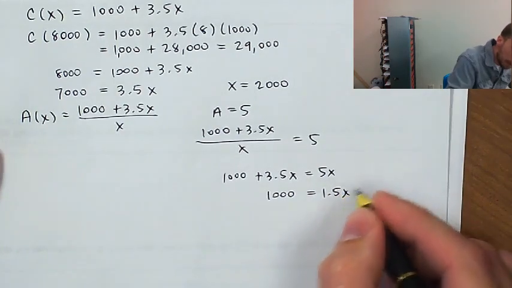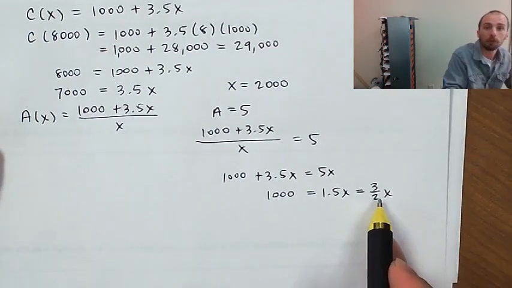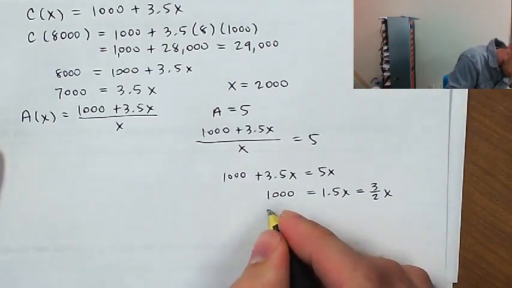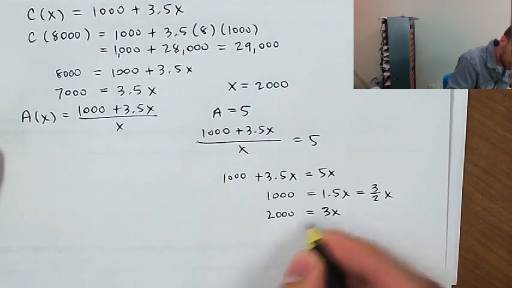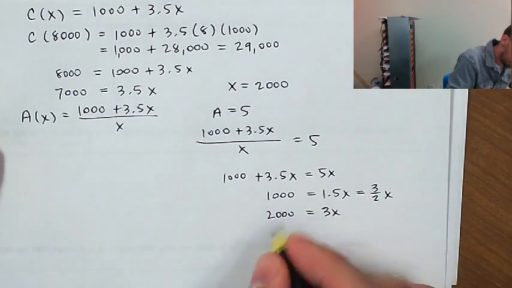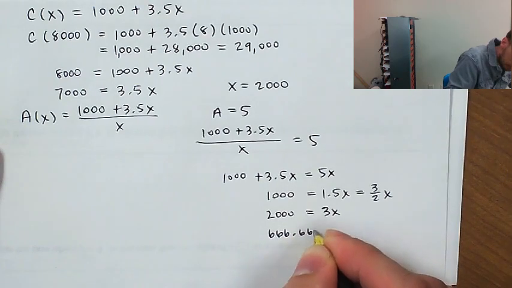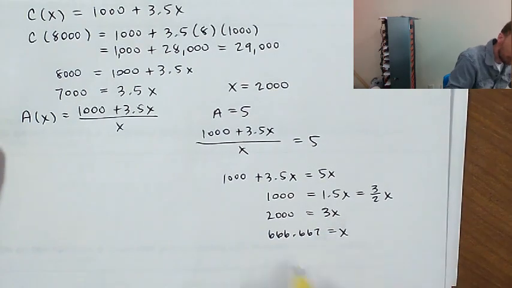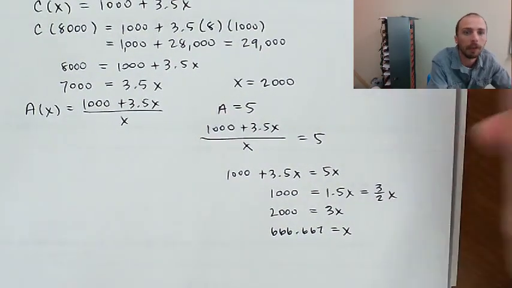But I might be better to write that instead as 3/2 x. So I'm going to start by multiplying both sides by 2, and then dividing by 3. So 2,000 divided by 3, that's going to be 666.667 books. So I think if we made 667 or more books, then the cost would be under $5 per book.